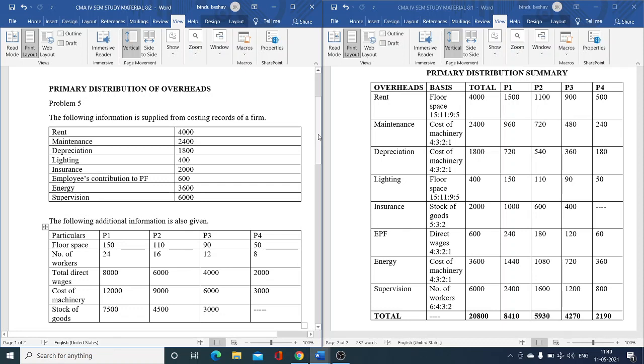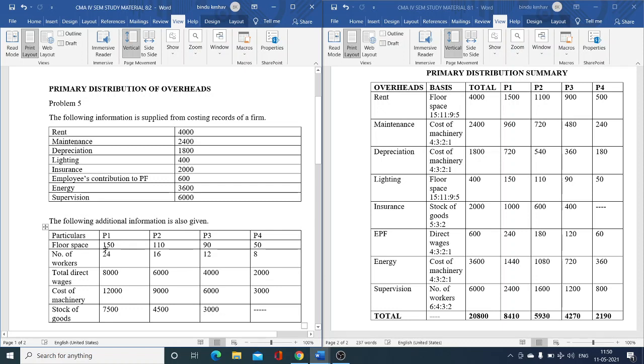Now the first step is to analyze the different overheads given and also find out the basis of apportionment of different overheads. After analyzing, we have to determine the ratio of apportionment. Now let us take the first one, rent. Rent is based on the floor space, that area.